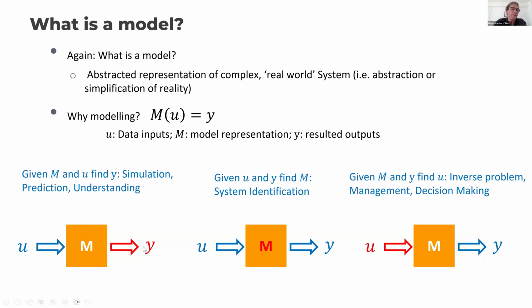This is the usual way of using a model. It's called simulation. It's useful for predictions and also sometimes to understand the system. If you run the model with different parameters or different input data, you start understanding better the behavior of the system. Okay, so this is one use of a model.